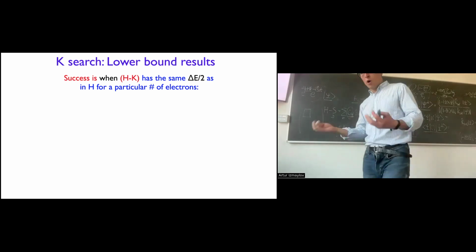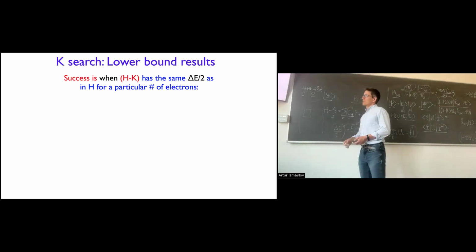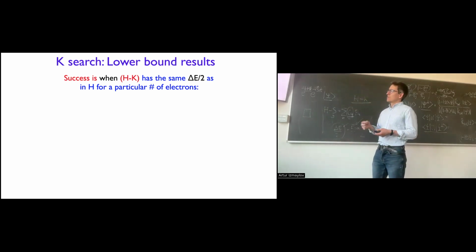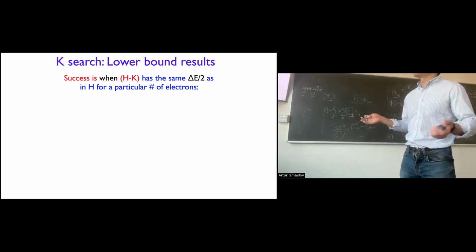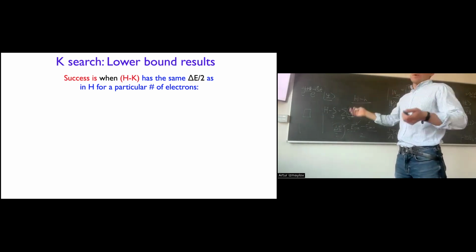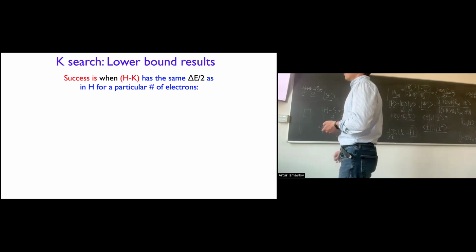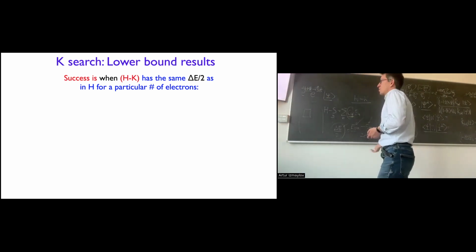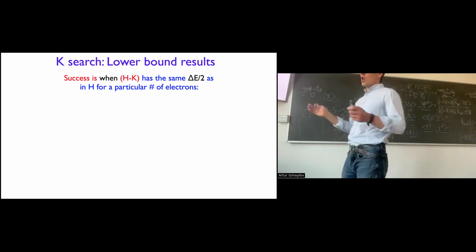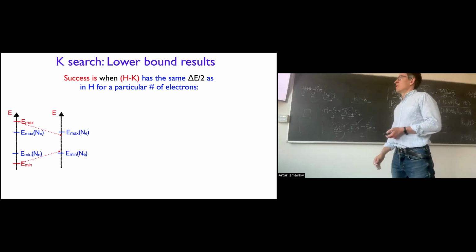And for the model systems where we can look at the spectral range easily, we could see how good this modification is compared to absolutely what could be done the best, which is just projecting to the right number of electrons subspace, right? So if this H minus K gives a spectral range which is close to the spectral range of the projected Hamiltonian, then it means we're doing a really good job.